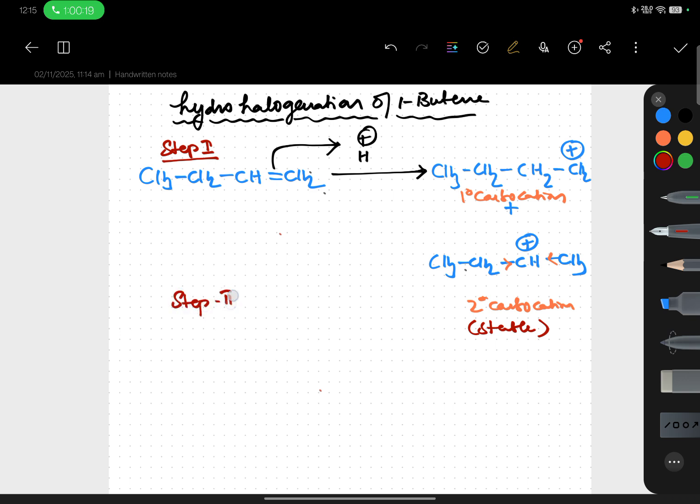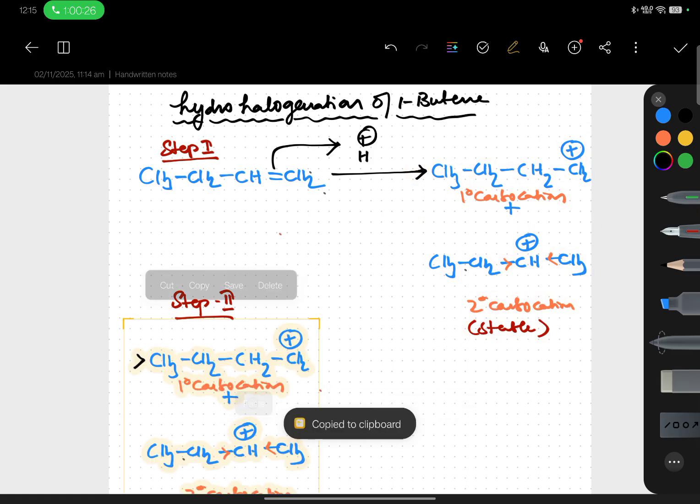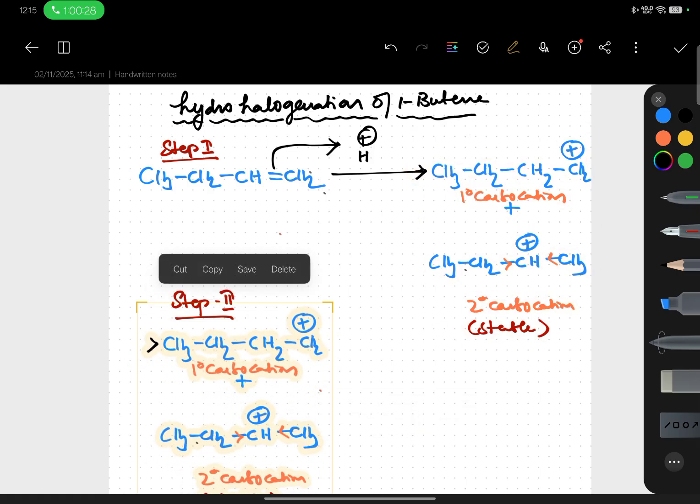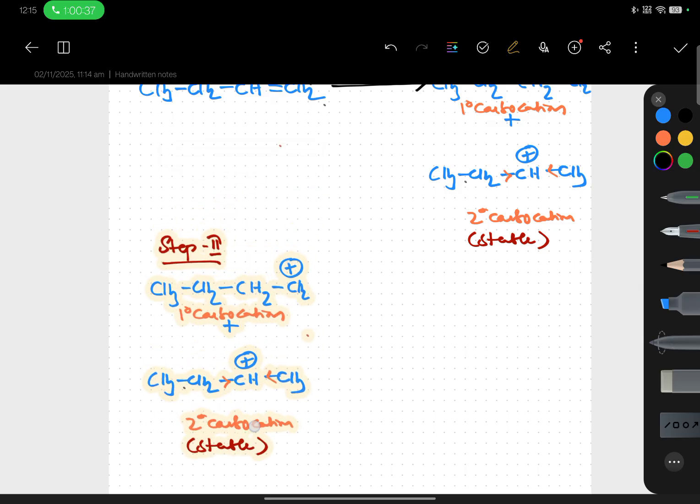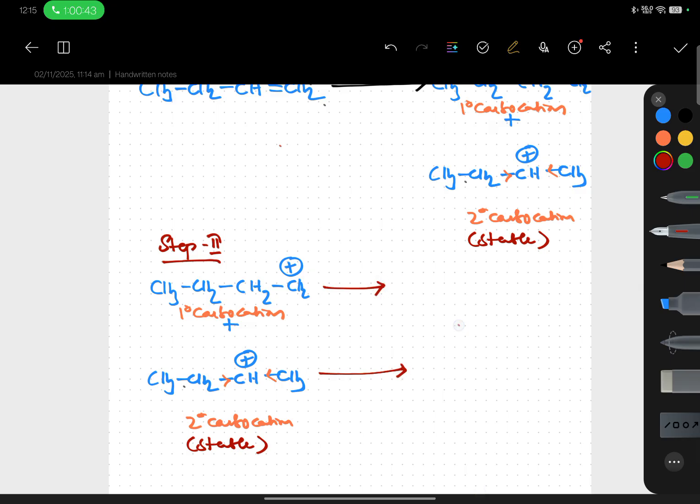What is step 2? Attack of nucleophile. So what am I going to do? I'm going to take the same set again. Now you treat this with bromide ion. So that will attack.